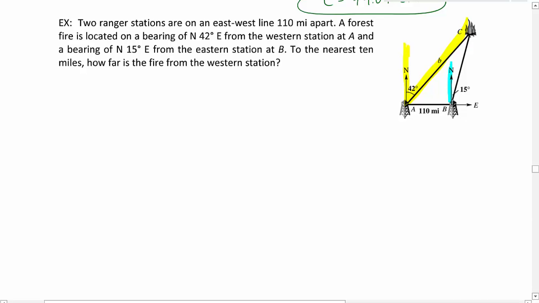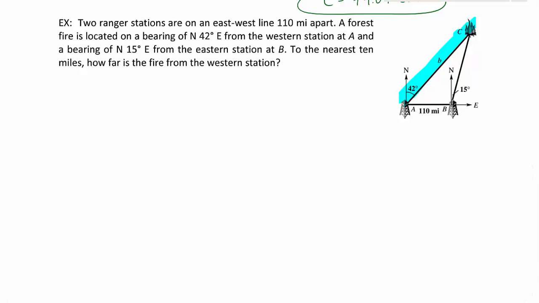So they started with a new north line and then rotated 15 degrees to the east, and you basically just have to extend those lines so that the two meet and create a triangle. Okay. So we're trying to find how far the fire is from the western station. So what we're looking for is this right here.